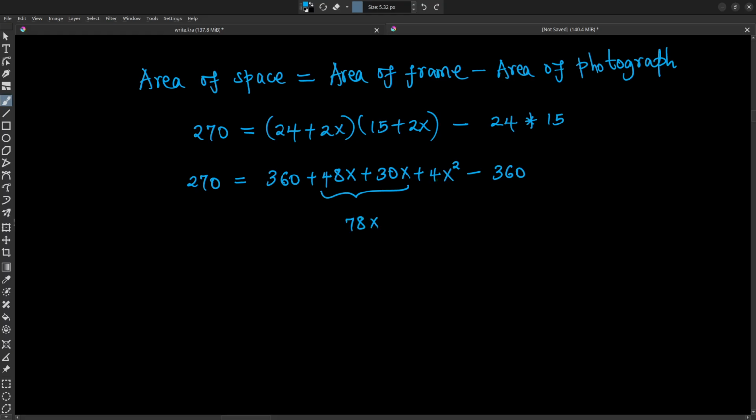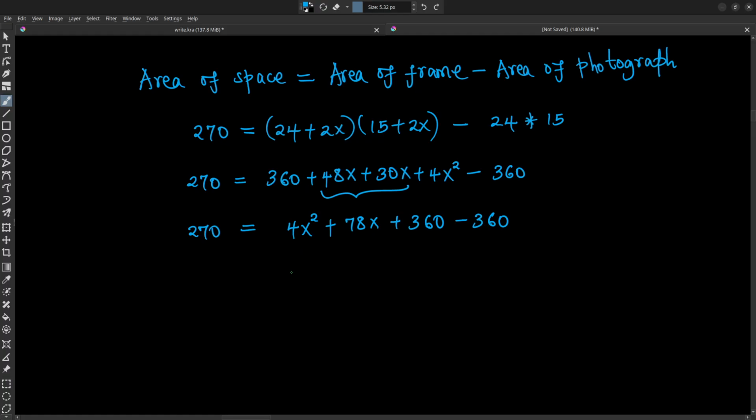Let's start with the 4x squared. So we put the 4x squared at the front, and then plus 78x, and then we end with the first 360, so plus 360, and we still had this other minus 360, and this is all equal to 270. Okay, 360 minus 360 is 0.